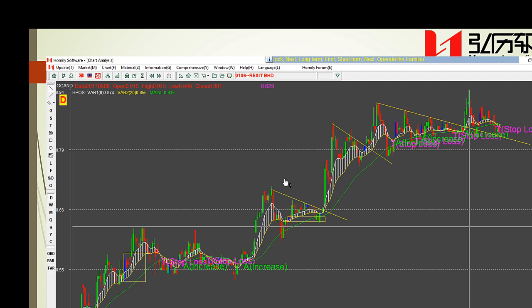Here we can connect these high points and get the downtrend line, and then the price can break out. So we should know this is the top area, right? In the top area, we cannot put too much money in this counter because it is very dangerous.